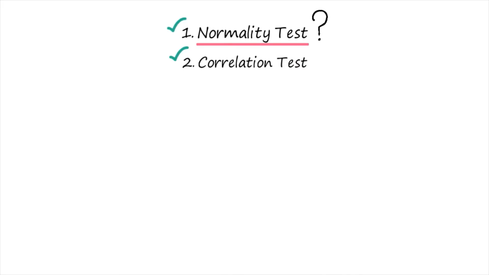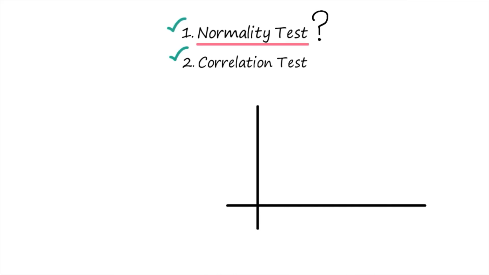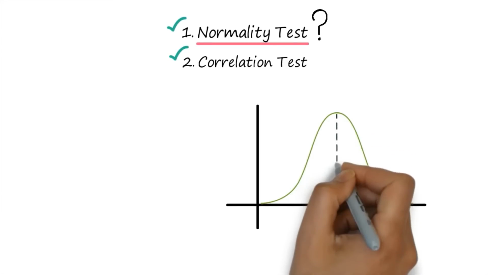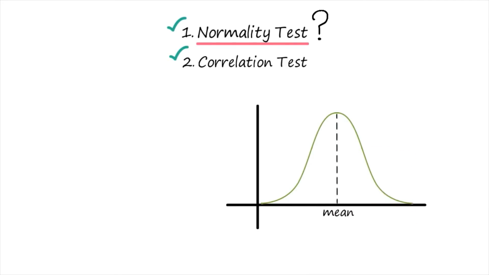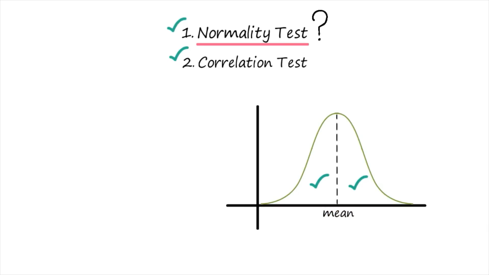Now the first question that will come to your mind is, what do you mean by normal distribution? I can tell you one point. Whenever we have a bell-curve-shaped graph, it means the graph appears symmetrically. Say if this is the mean value, as much data as we have on this side, the same amount of data we have on this side.